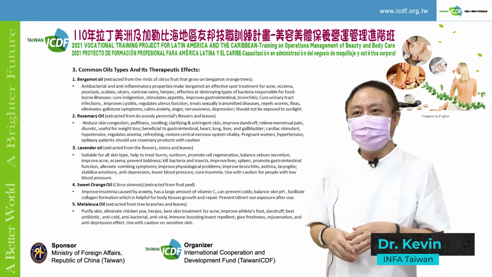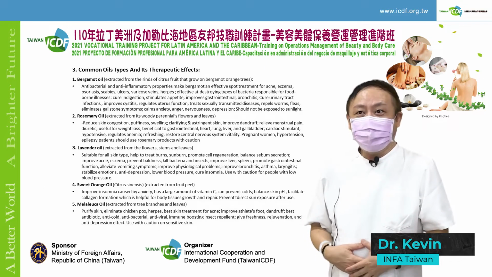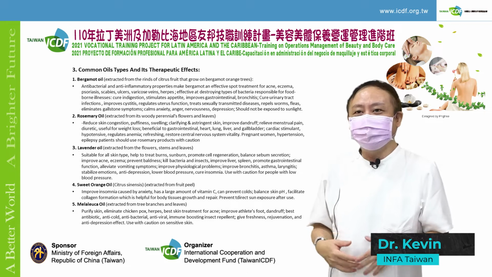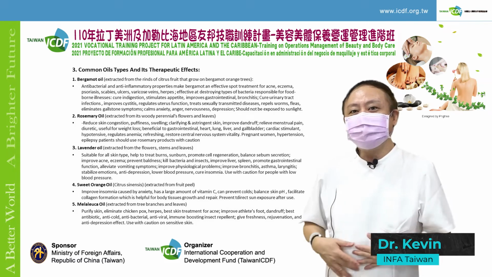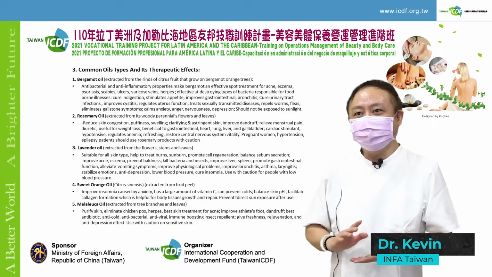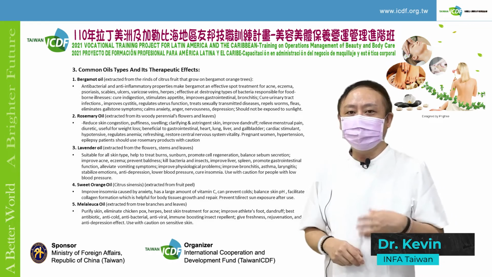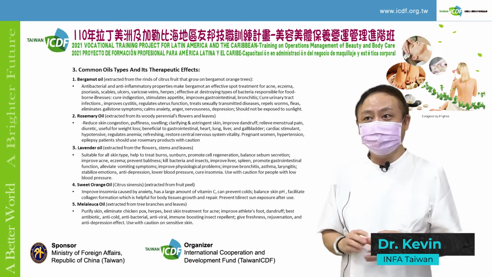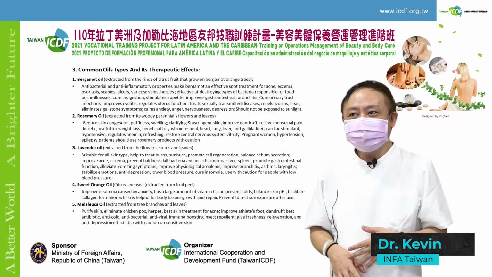Its effects: it can help if we very often have stuffiness, puffiness, or swelling in our stomach. It is very good for calming the stomach. And for skin, it can help shrink pores.